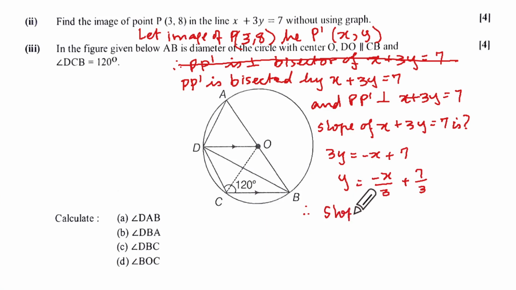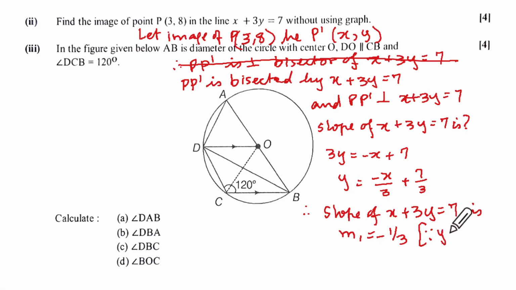Therefore slope of x plus 3y equal to 7 is m1 equal to minus 1 upon 3.